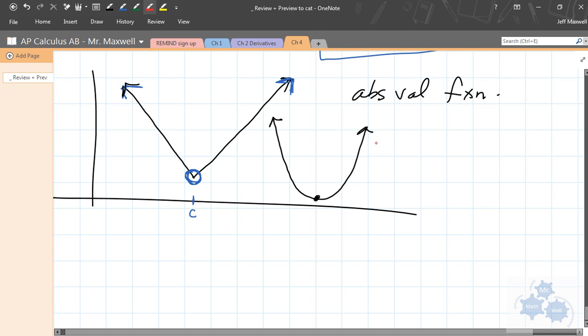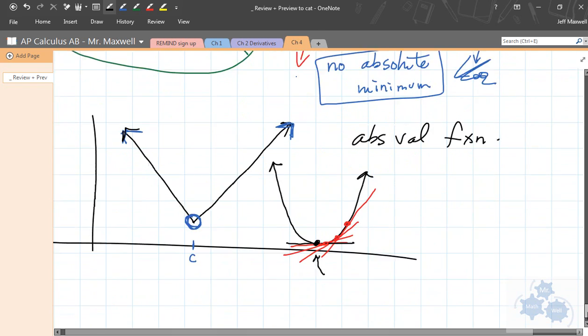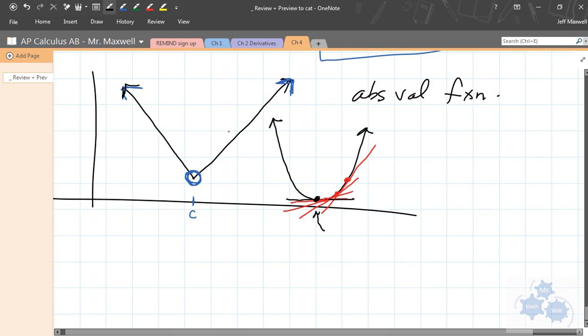Let's say the derivative at this point is this, here is this, here is this. You can see that the values of the derivatives are getting pretty close to what? At this point, the value of the derivative looks like it's approaching 0. And it is, and we talked about that in the last question. Derivative of 0.